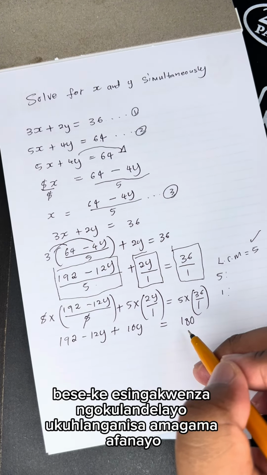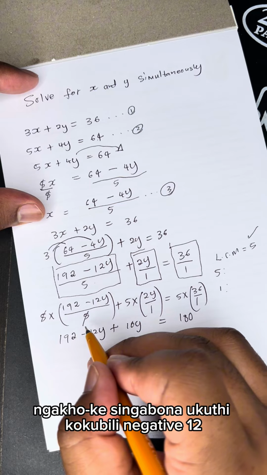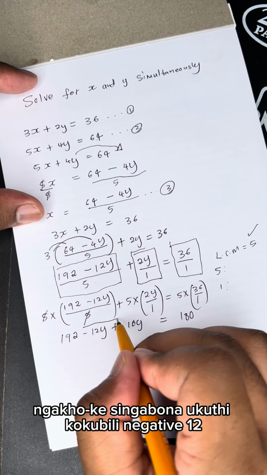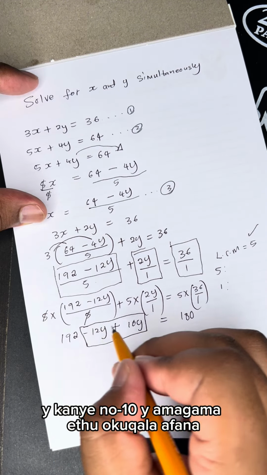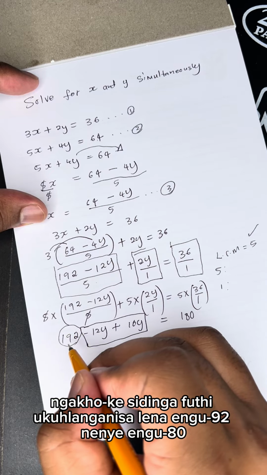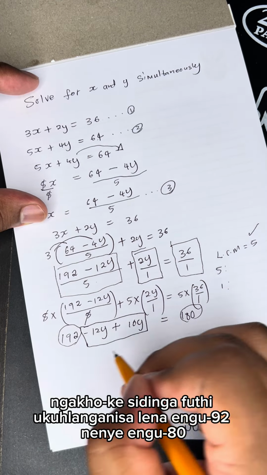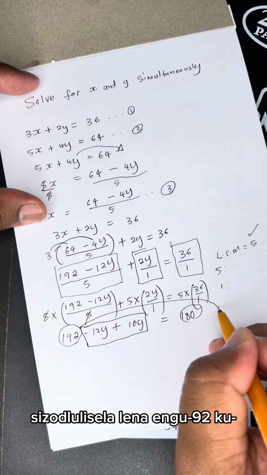And then what we can do next is to group the like terms. So we can see that both negative 12y and 10y are our first like terms. They're already grouped. So we need to also group this 192 and 180 because they're both like terms. So we're going to transpose this 192 to the right hand side.